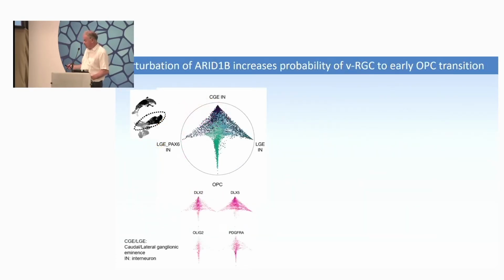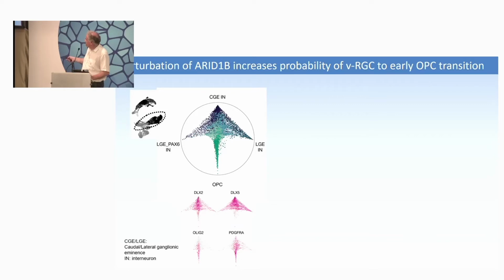We also analyzed the genes on the ventral side. Here we use a circular plot of the cells that are going into the individual different lineages. So here I've plotted the lineage transition probability.